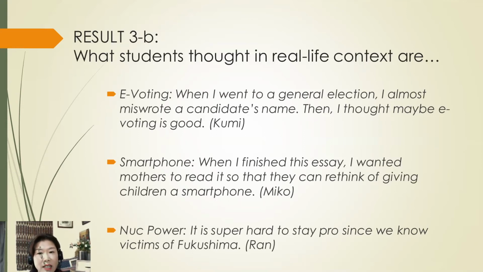When she finished this essay, she wanted mothers to read it so that they can rethink giving children a smartphone. And Ran wrote about her struggle on nuclear power because it was super hard to stay pro since she knew victims in Fukushima.